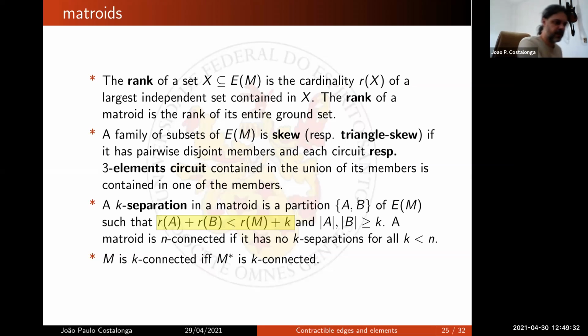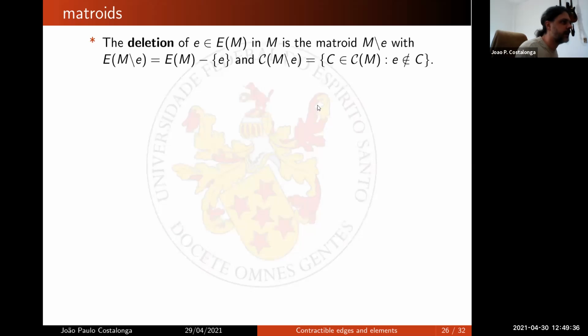So the results, I believe the results, okay, there are more definitions, sorry. We have the idea of deletion, edge deletion, that becomes element deletion in matroids.